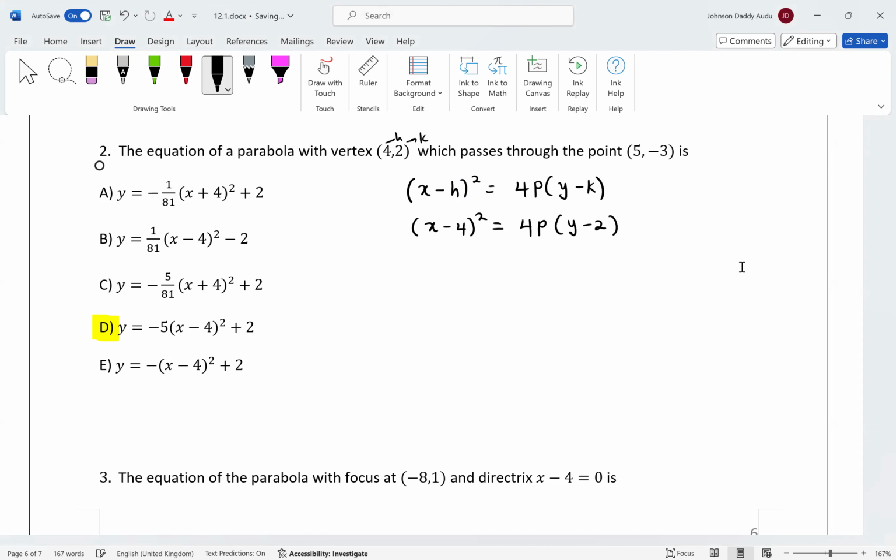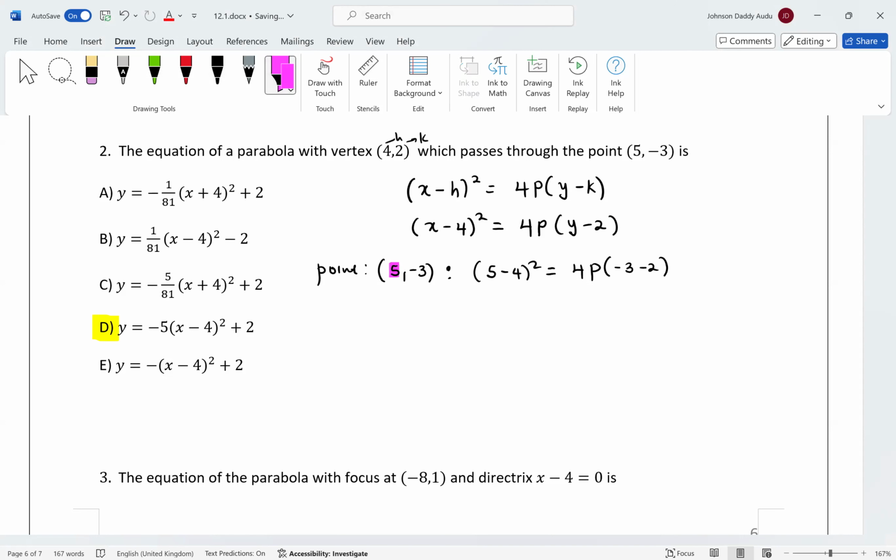And then you can use the point that you are given. What is that point? It is 5 and minus 3. So you substitute X to be 5. So this would be 5 minus 4 squared is equal to 4P, then Y is now minus 3 minus 2. So this is what we're using here.